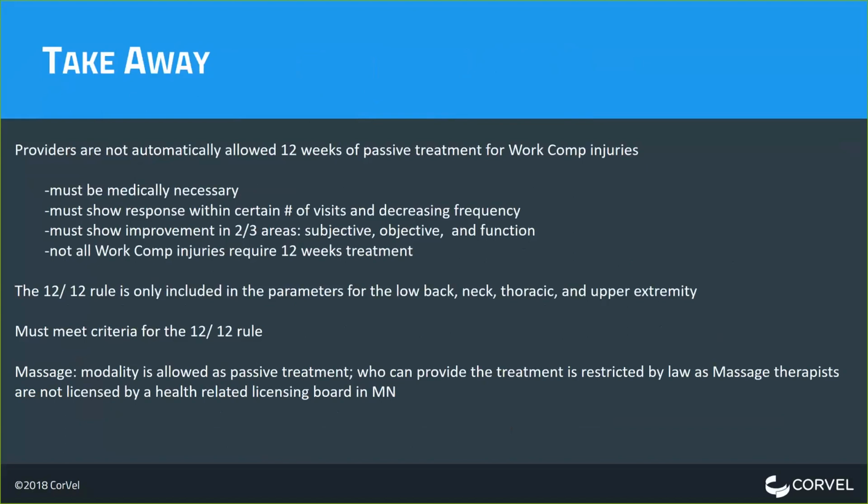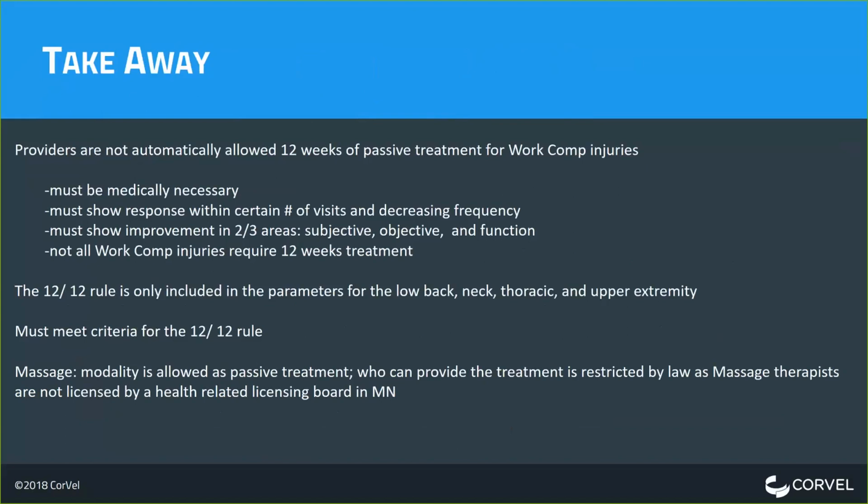And as noted, not all work comp injuries require 12 weeks of treatment. If you have somebody that comes in with a very minor injury and you have somebody that comes in with severe symptoms, obviously not both of them are going to require 12 weeks of treatment. Another takeaway from this is that the 12-12 rule is only included in the parameters for the low back, neck, thoracic, and upper extremity.